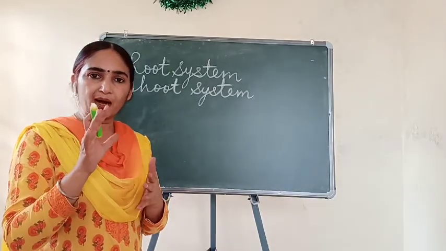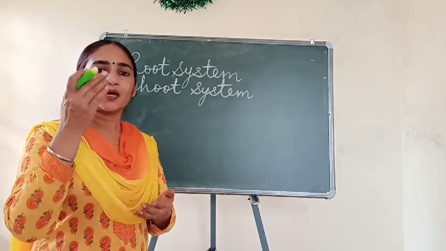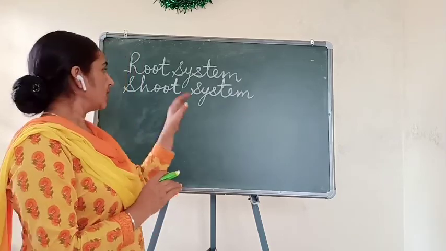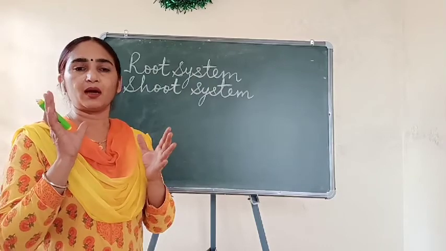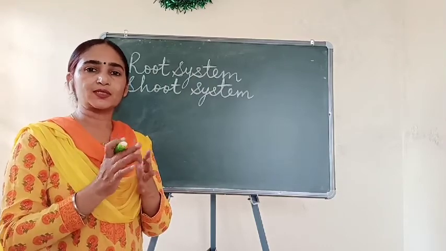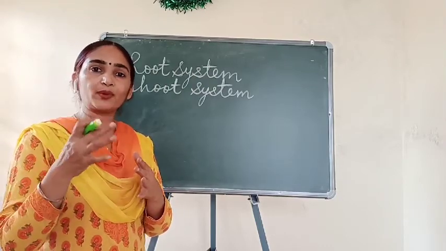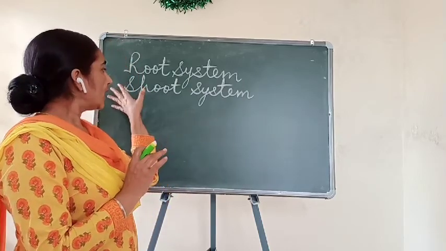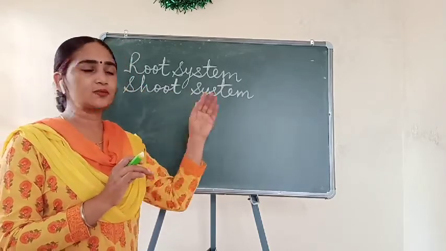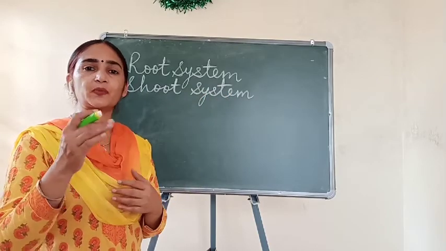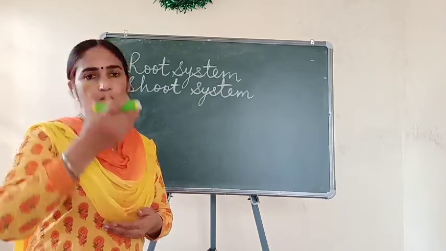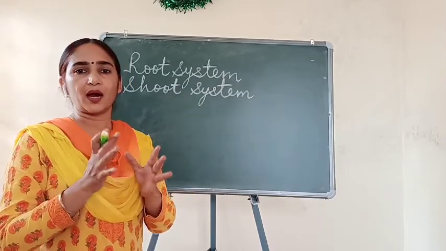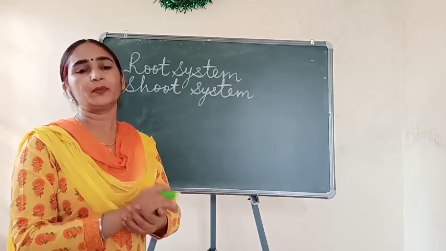The part of a plant which is under the ground is called the root system. The root system has roots along with root hair. And the shoot system is always present above the ground. It is the main green or standing part of the plant.